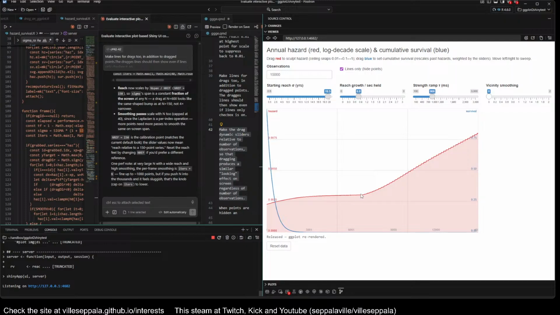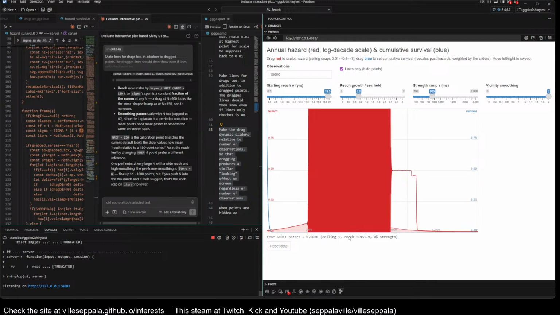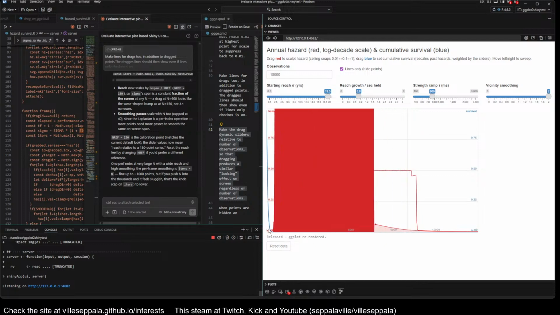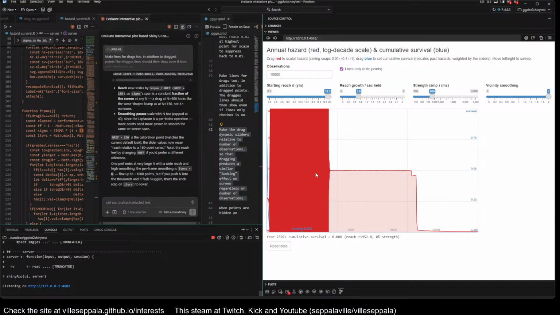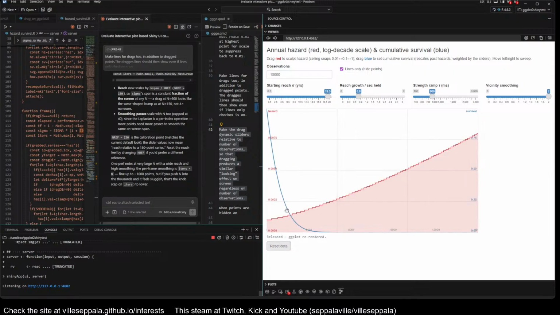Because it creates this, here, even if I have the vicinity smoothing at 100, or it's actually at 0. Okay, let's try again. Ooh. So what's happening? Oh yeah, we have to go to. What?